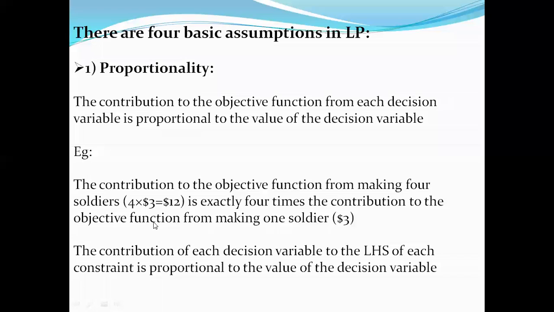The proportionality variation is making one soldier toy is 3, and hence 4 times, so 4 times 4 is the decision or objective functionality. The LHS is considered as the objective functionality. Indeed, to generate the objective functionality, the decision variable is necessary. The variable is nothing but the three constraints, and this constraint will lead to generating a value, right?